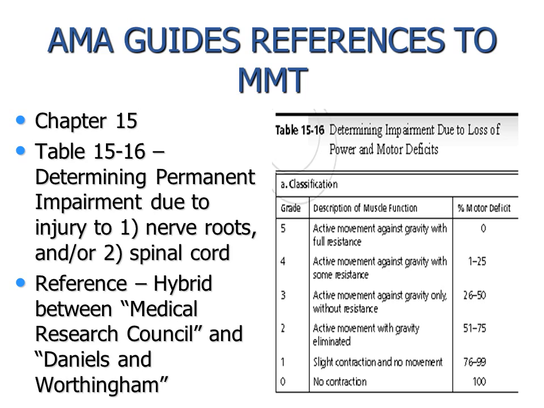When that limb or segment is able to produce an active movement against gravity with only some resistance, in other words, not with full resistance, we grade that as a grade 4. And the AMA Guides ascribe a 1 to 25% motor deficit. And notice that there's a large range there.